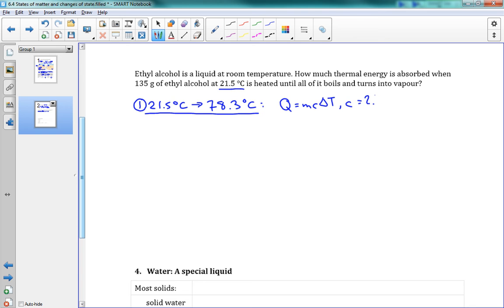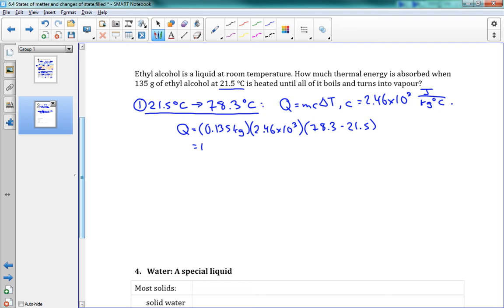It's 2.46 times 10 to the 3 joules per kilogram degree Celsius. That's our c, so we can say Q is equal to our mass, 0.135 kilograms, times c, 2.46 times 10 to the 3, times our delta T, the final temperature minus the initial, 21.5. That gives us 18,863 joules.